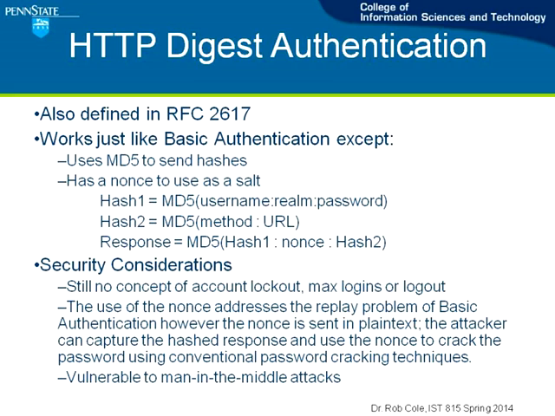Thus, digest authentication solves the replay weakness of basic authentication. However, the nonce itself is not encrypted. Thus, an eavesdropping attacker can intercept the nonce along with the hashed response and crack the password using conventional password cracking techniques.